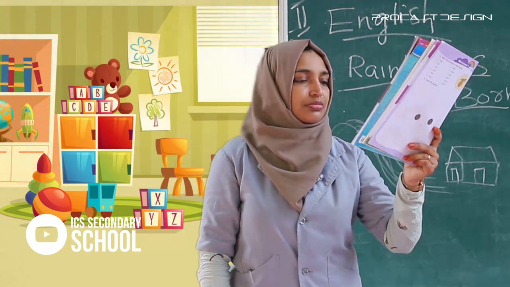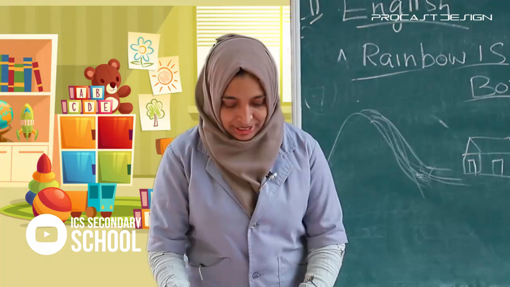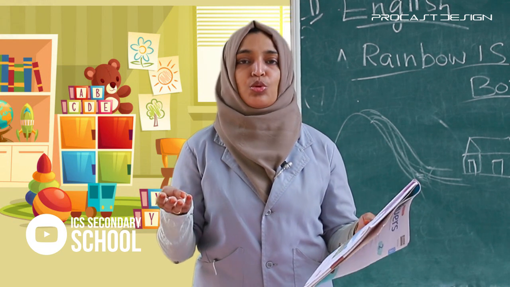What did he see? He saw the lovely green grass in his garden. The sun was shining very brightly.